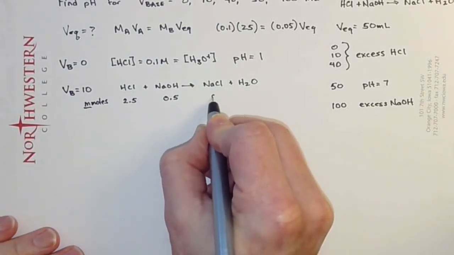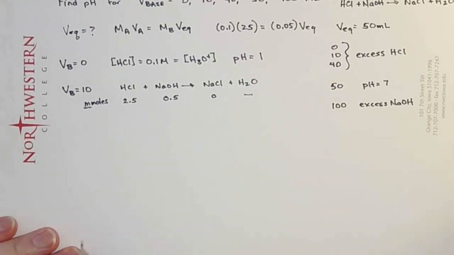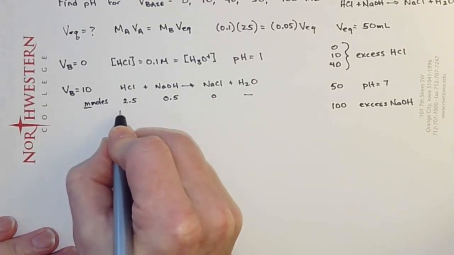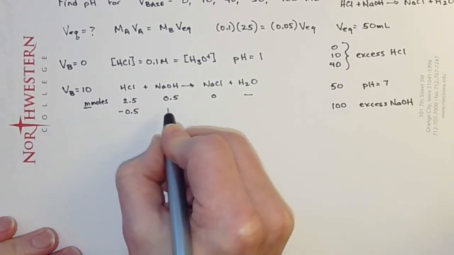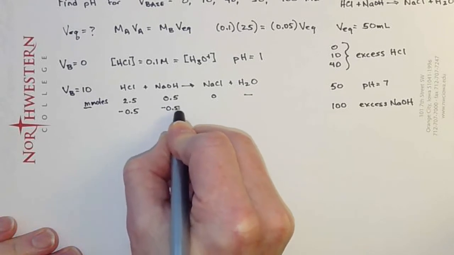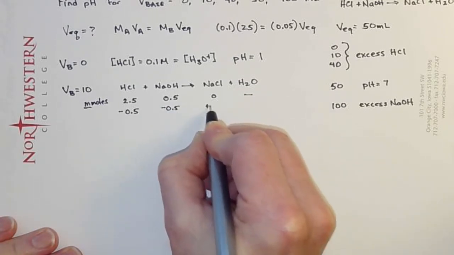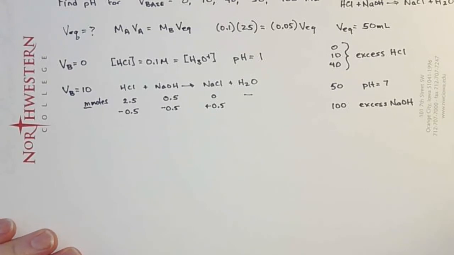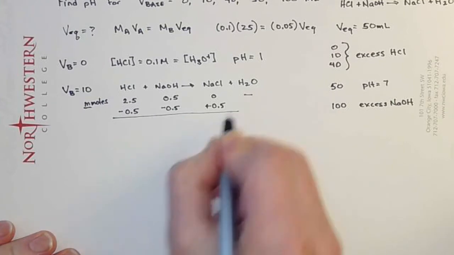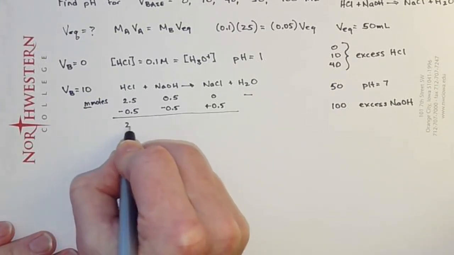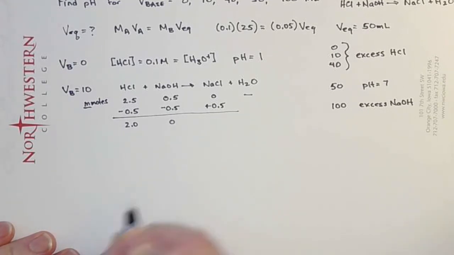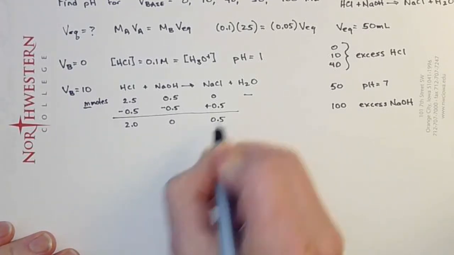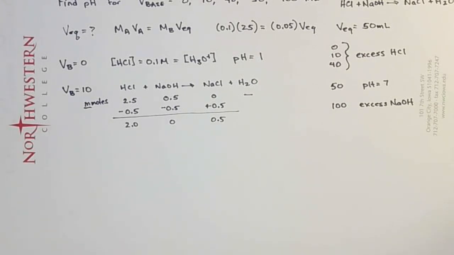We don't have any NaCl, and we don't care about water. We allow the reaction to go, so we'll subtract off 0.5, that's the limiting reagent, and we'll add 0.5. When it's all said and done, we'll have 2.0 millimoles of HCl, none of the NaOH, and 0.5 millimoles of NaCl.